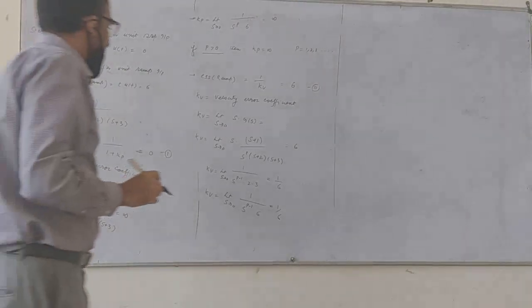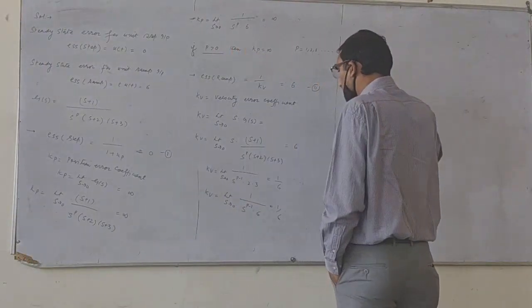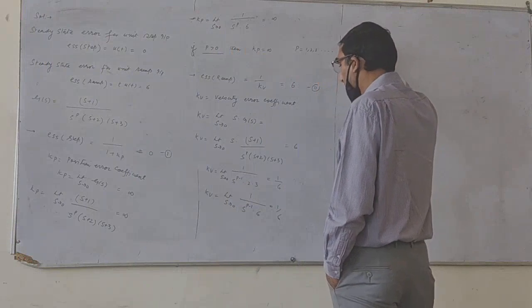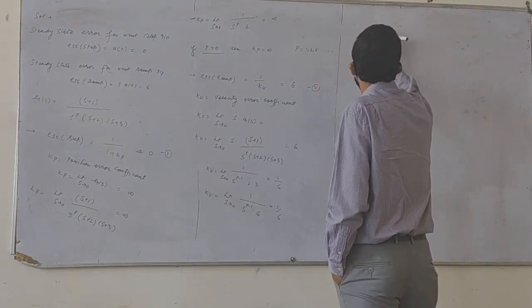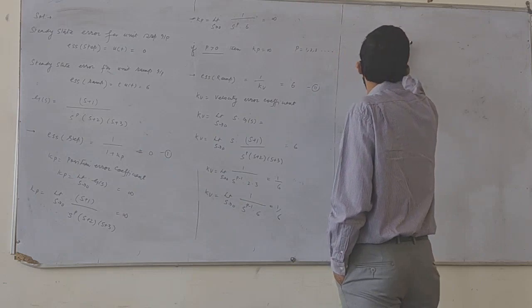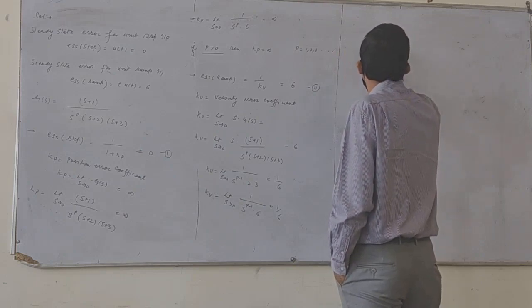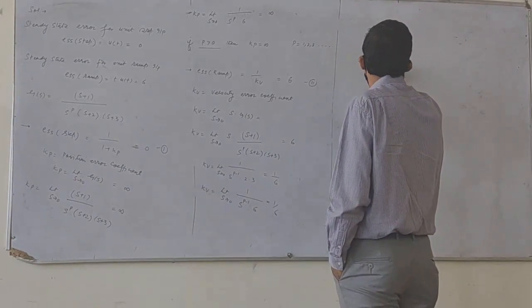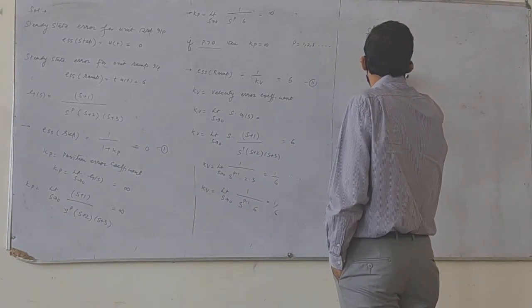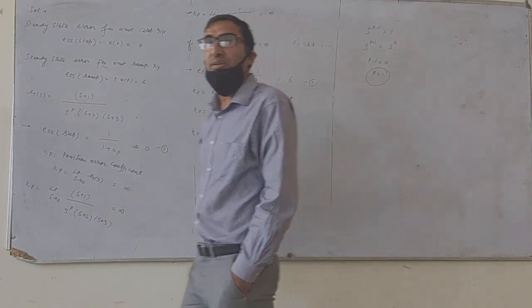So s raised to power p minus 1 should be equal to 1. From the indices rule, anything raised to power 0 is 1. So p minus 1 should be 0. So p should be equal to 1 in order to satisfy this.